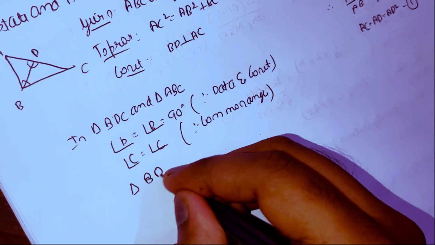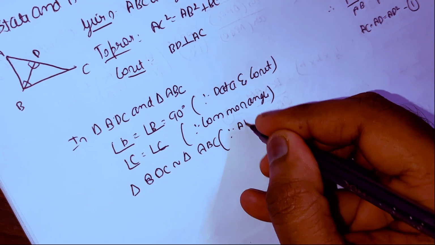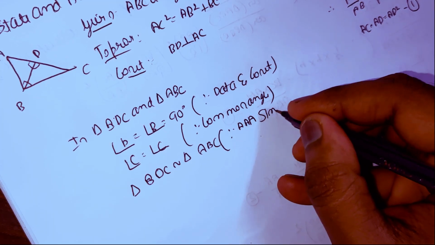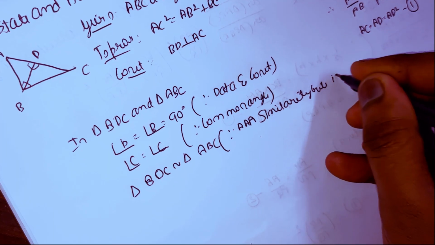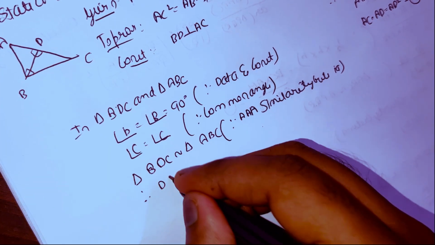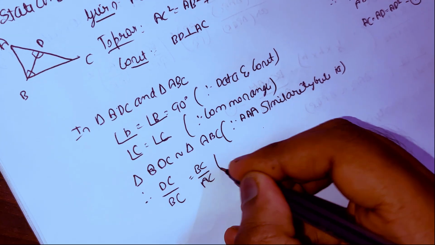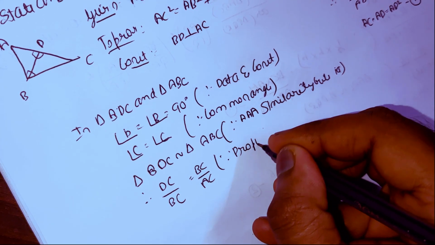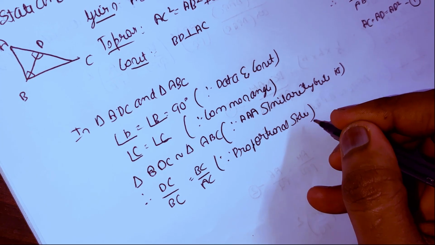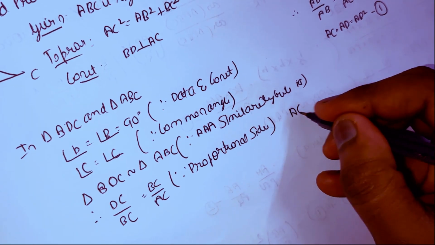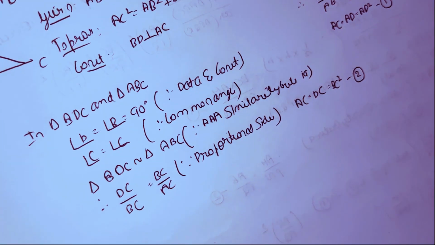Triangle BDC is similar to triangle ABC by angle similarity criteria. That gives DC by BC is equal to BC by AC, that is by proportional sides. So you can write AC into DC is equal to BC square. Consider this as the second equation.